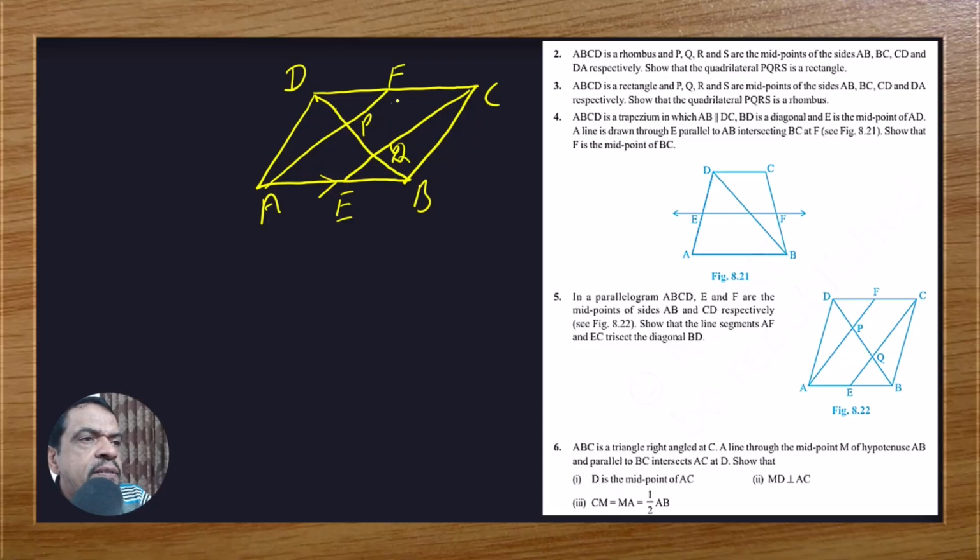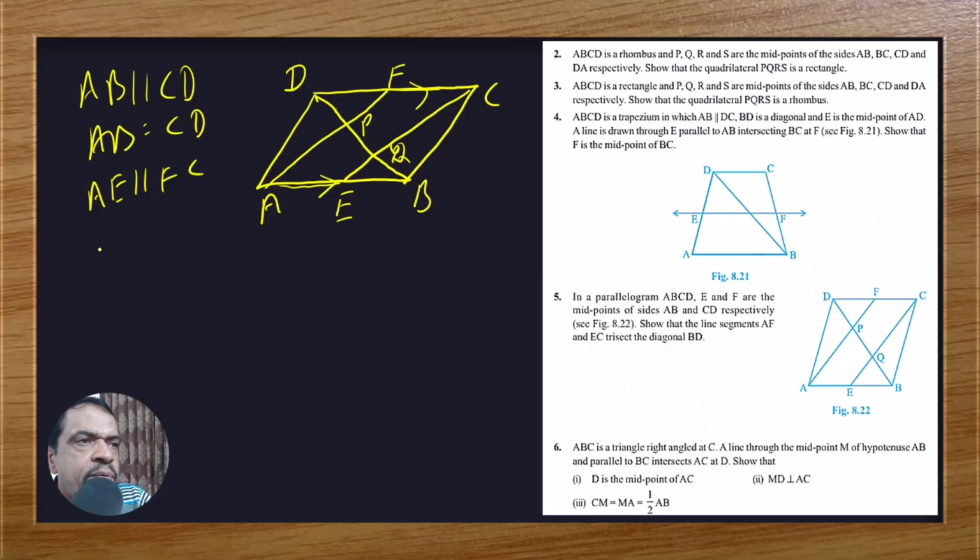How? This line is parallel to this line, because these are opposite sides, and opposite sides are also equal. So we can write AB parallel to CD, AB equal to CD. This is a property of a parallelogram. Therefore AE parallel to FC and also AE equal to FC.